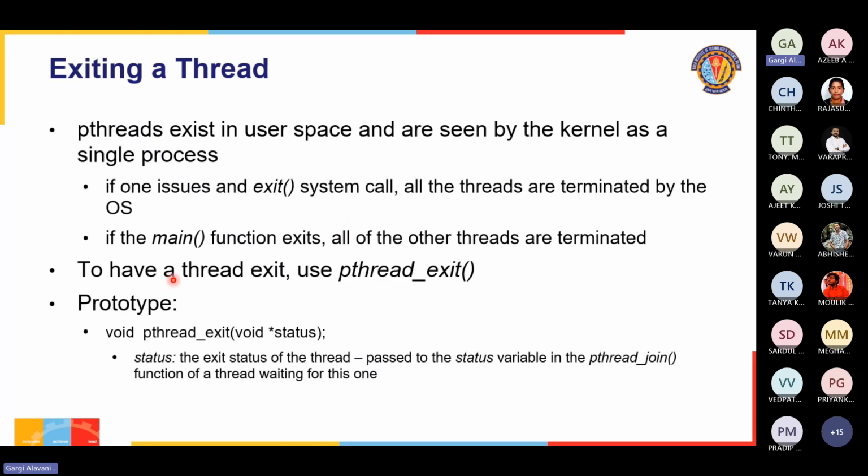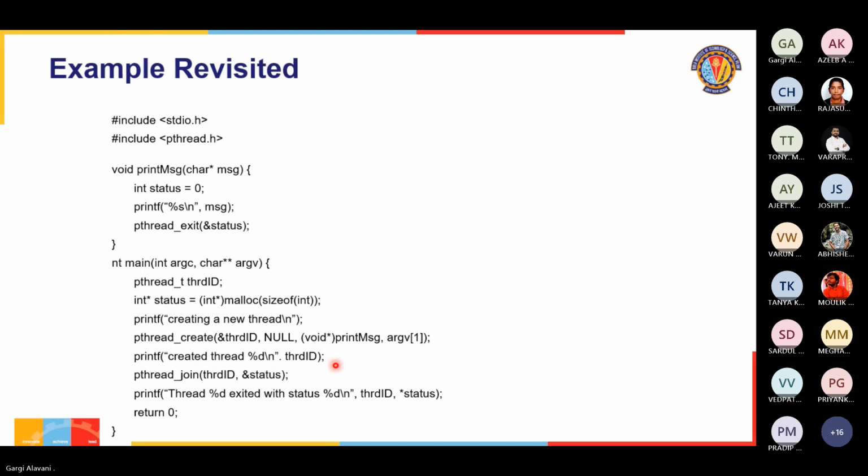Once you close the main function, even then all the threads will get terminated. In pthread exit you have to provide the status, where the exit status of the thread will be sent, which will pass the status variable in the pthread join function, and it will wait for this one to complete. This is how the pthread exit looks.